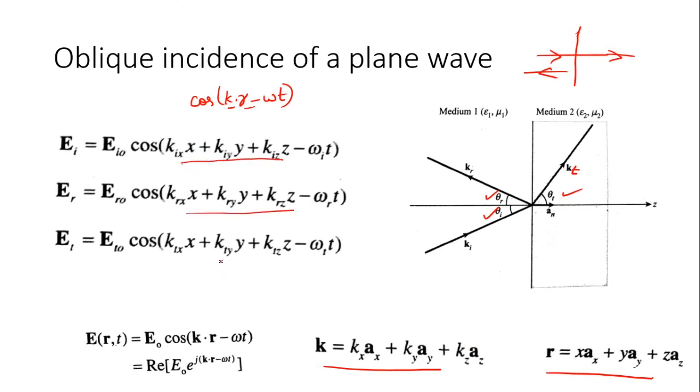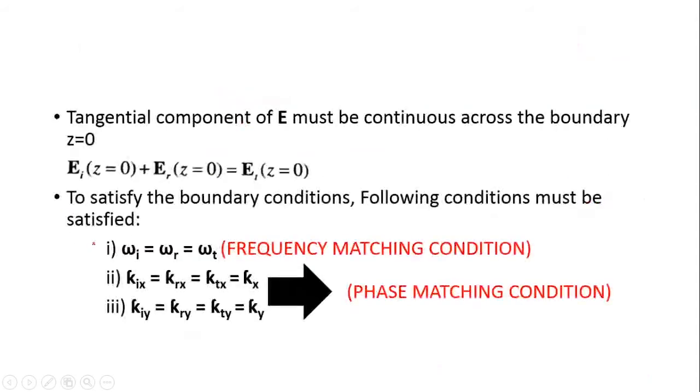And corresponding to the incident, reflected, and transmitted waves, you have suffixes I, r, and t. Then minus omega t, again omega I, omega r, and omega t. So the first step is we are writing the equations of the electric field corresponding to the incident, reflected, and transmitted waves. And you apply the boundary condition.